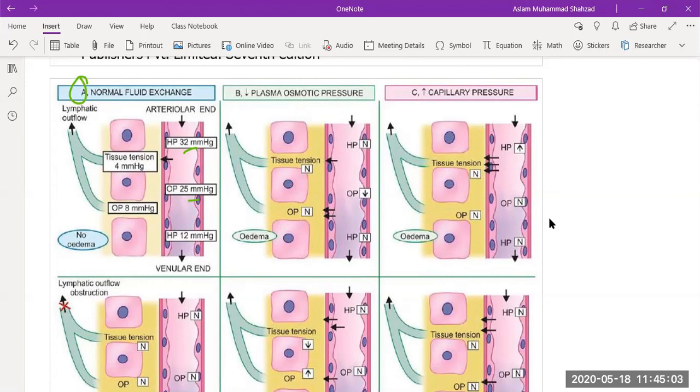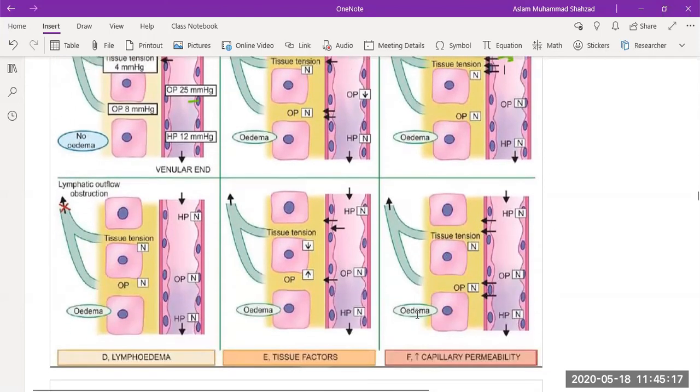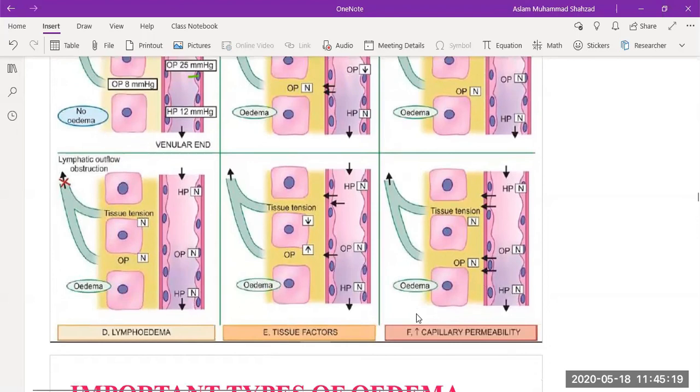Or the other reason is increased capillary pressure, because of the increase of the hydrostatic pressure, and in this case again imbalance occurs, and then edema occurs. Or because of another reason, which is lymphedema, where lymphatic obstruction occurs, and even if the normal balance is there between the hydrostatic pressure and oncotic pressure, still the blockage occurs, then it could lead to lymphedema.